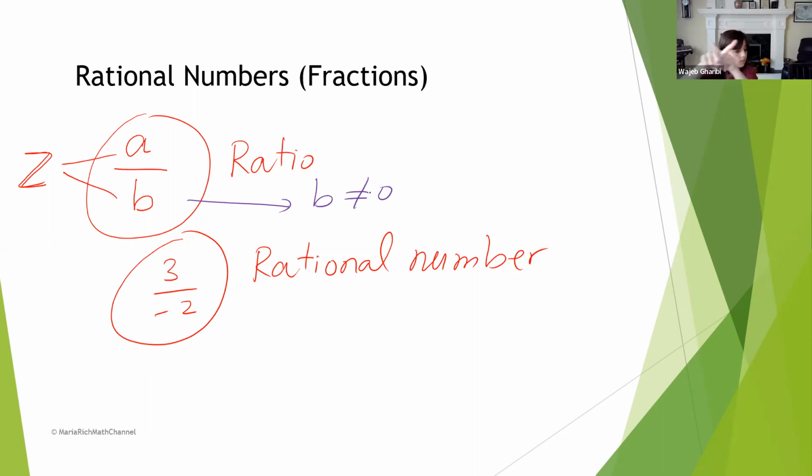Any number that can be written as A divided by B, where A we call the numerator and B the denominator, is a ratio.